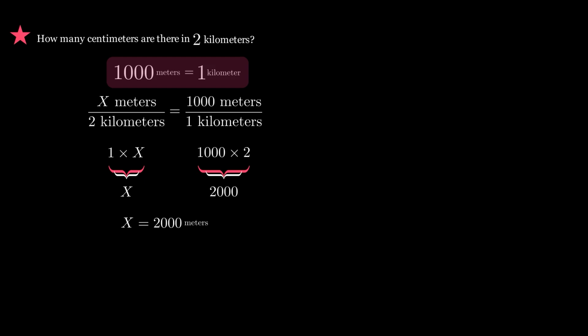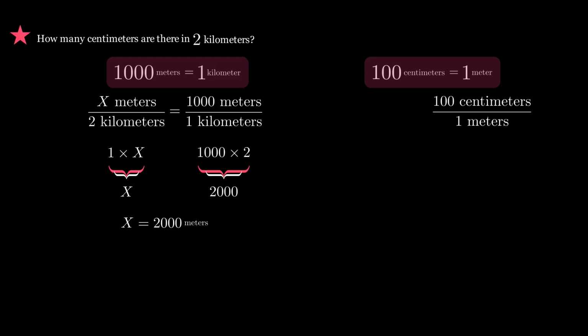But we are not done yet. This question is asking us to find out how many centimeters there are in 2 kilometers. So from the chart, we know that there are 100 centimeters in 1 meter. So we can write it down as 100 centimeters over 1 meter. Now we do not know how many centimeters there are in 2000 meters.